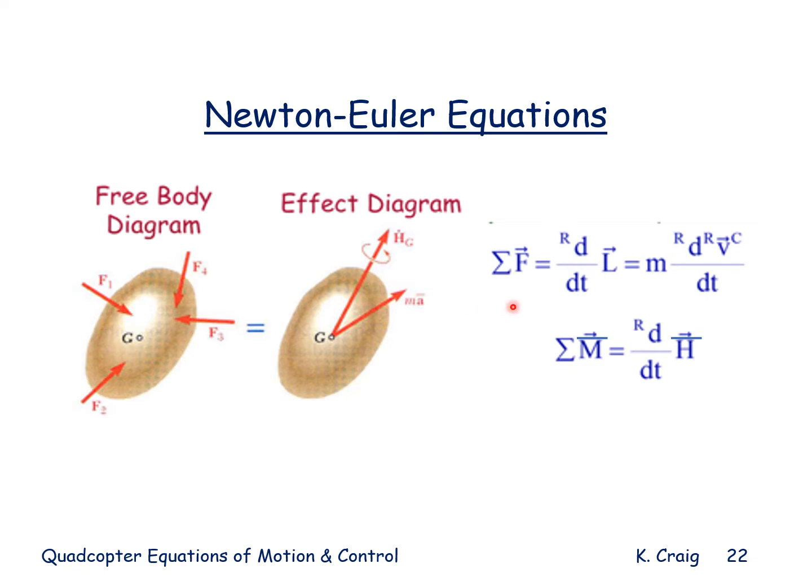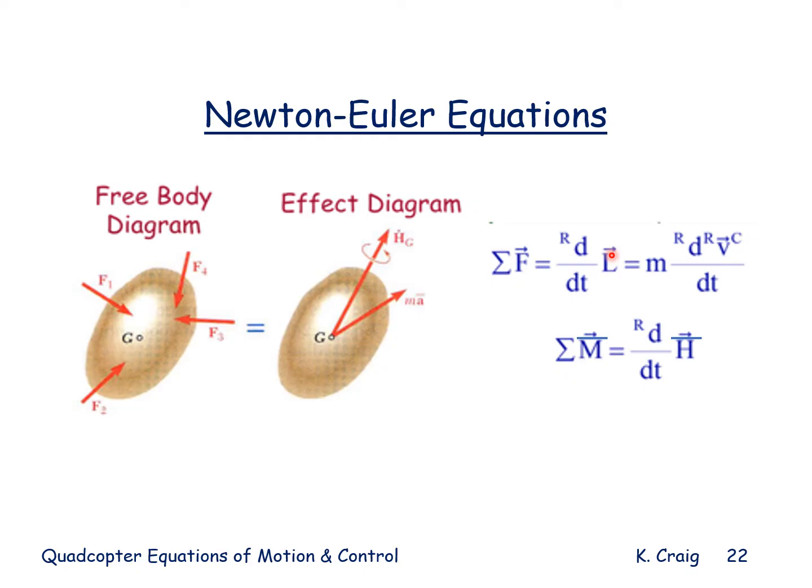The equations of motion, which are expressed here in diagram form, written out, say that the summation of all the external forces, both contact and at a distance, acting on the quadcopter equals the time rate of change in the grounded reference frame of the absolute linear momentum of the quadcopter.